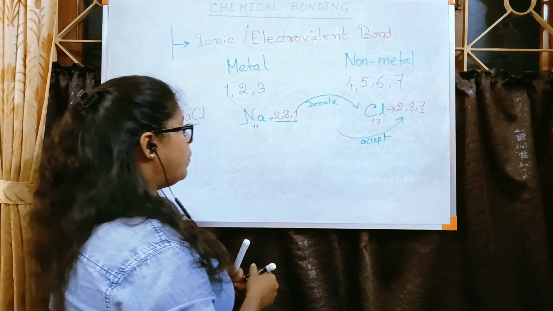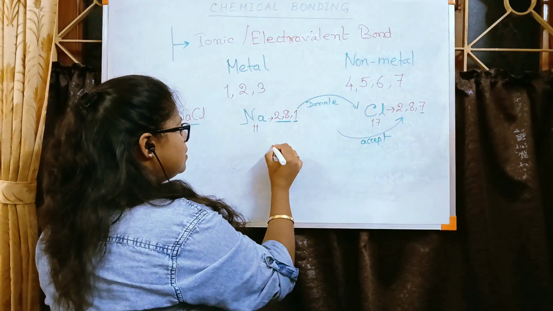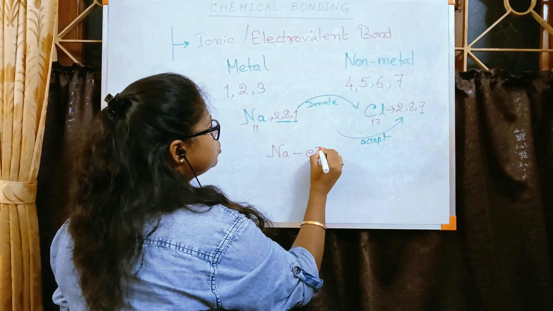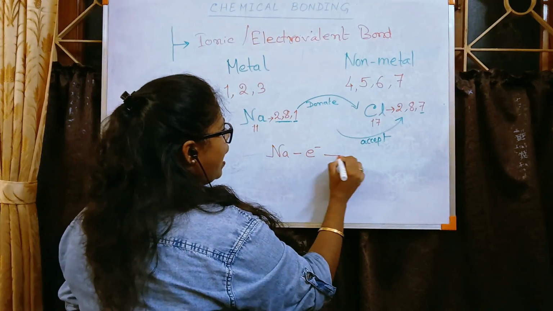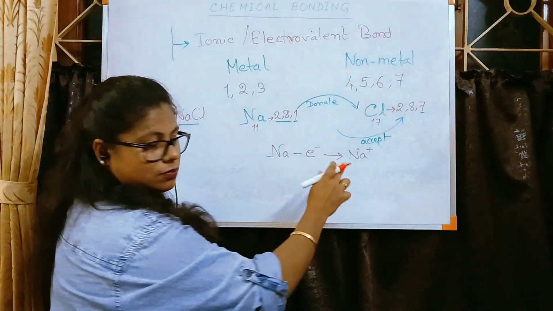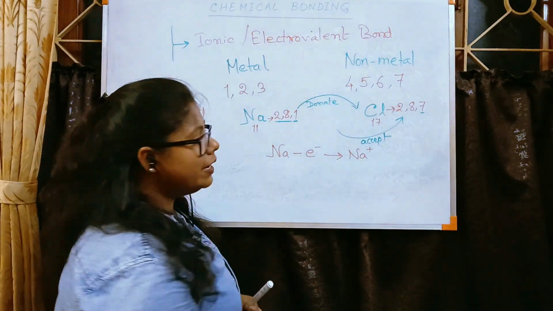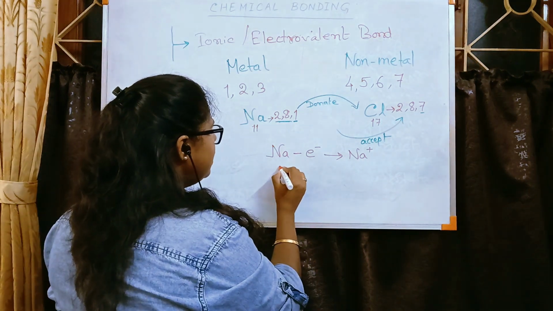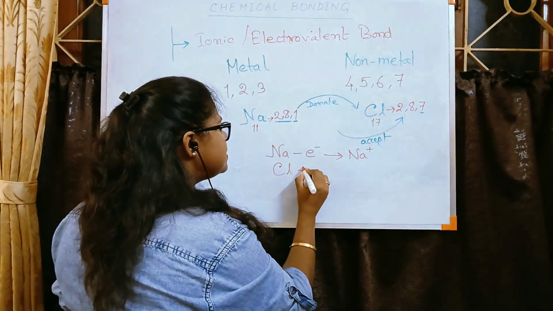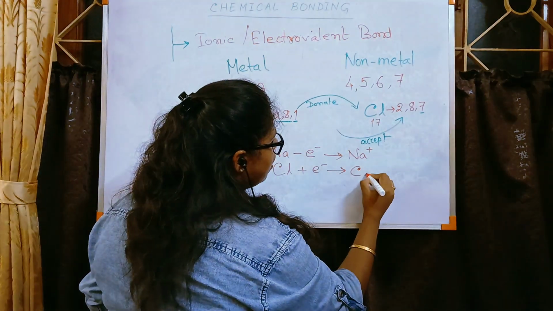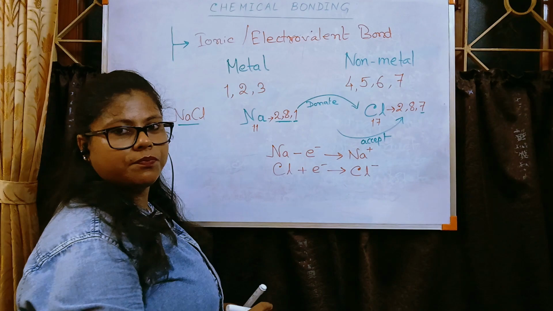If you want to represent it, sodium is losing one electron and becoming a cation. A charged particle is called an ion, and if it is positive, then it is a cation. Similarly, chlorine is gaining one electron and hence becomes negatively charged. Okay?